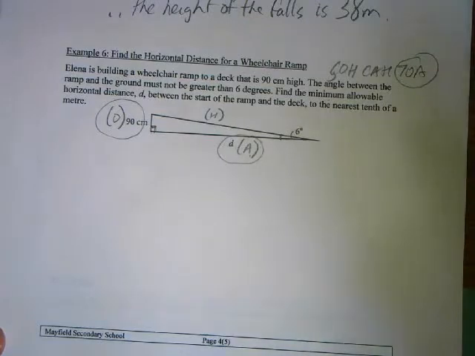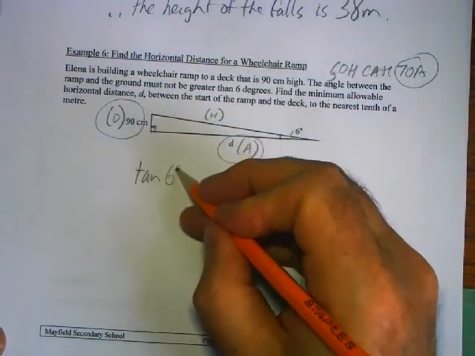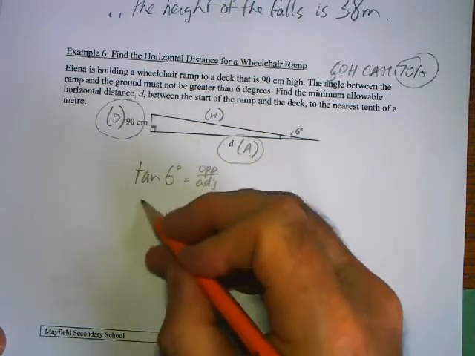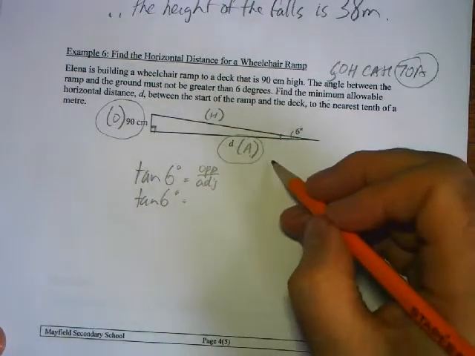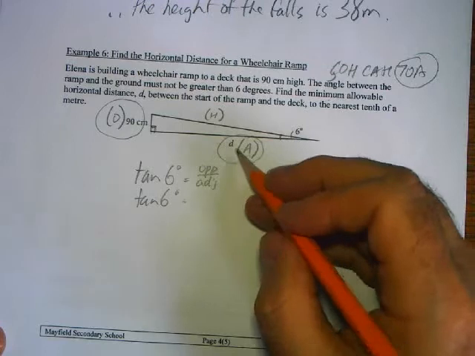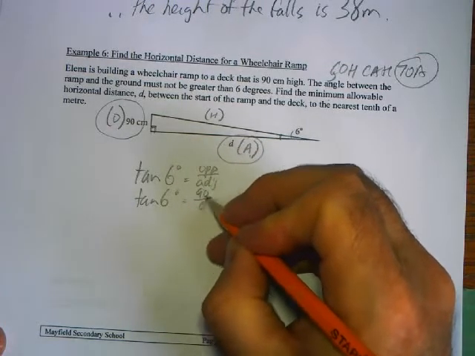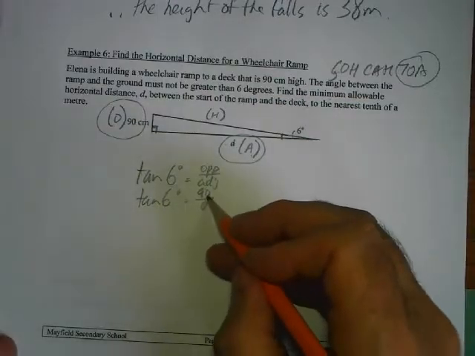So tan of the angle, 6 degrees, is equal to opposite over adjacent. Tan 6 is equal to, what do we got? Opposite is 90 over D. This is kind of like question 3 maybe.